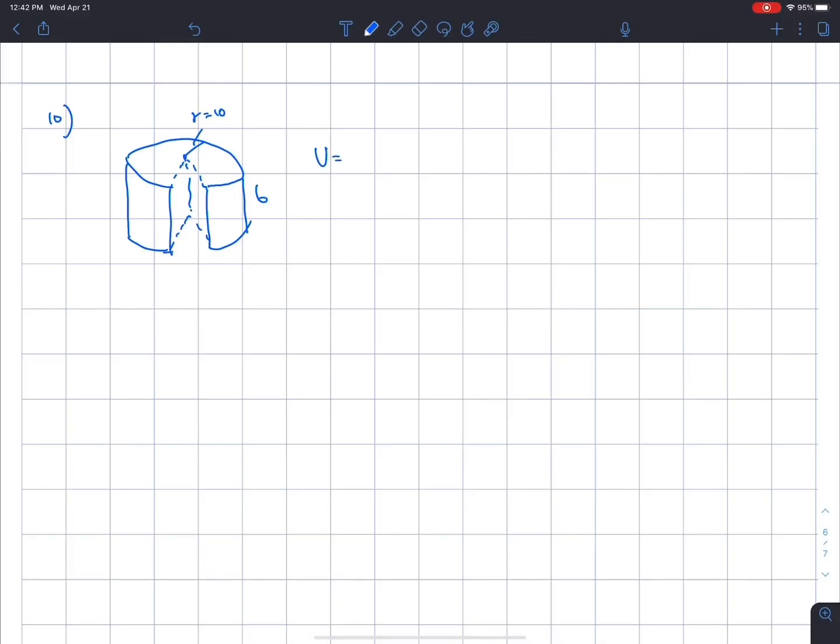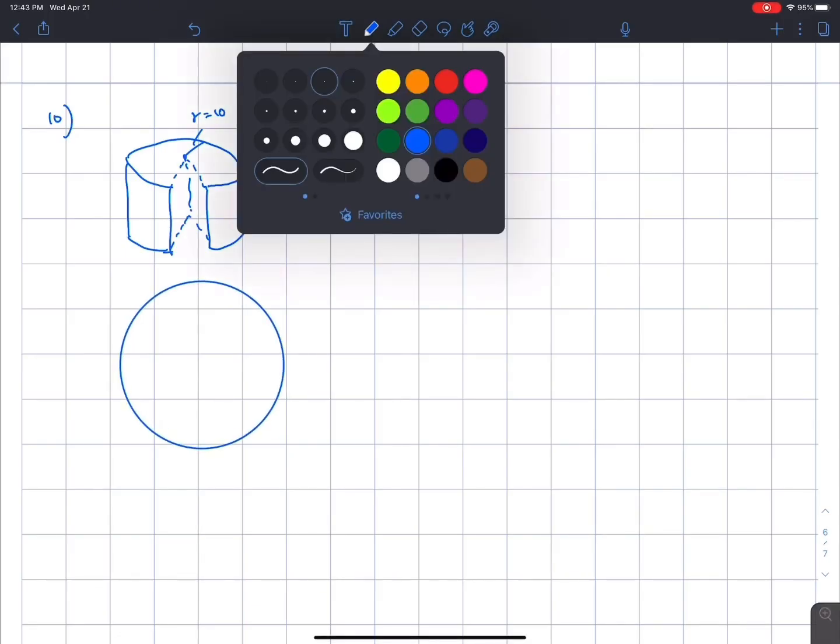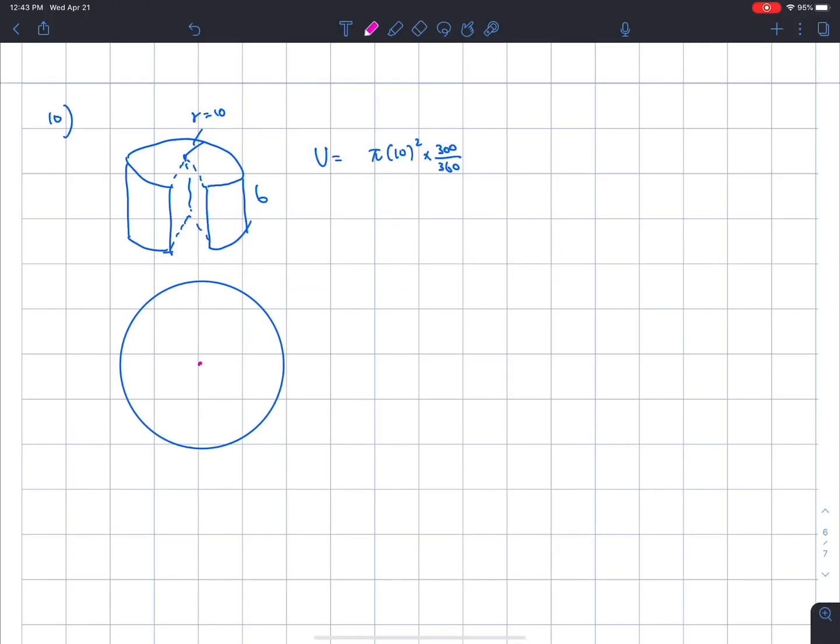So the volume is going to be pi r squared. Now the base is not an entire circle, so I need to multiply it by 300 over 360 because 60 degrees is missing in the entire circle. In the entire circle there are 360 degrees.